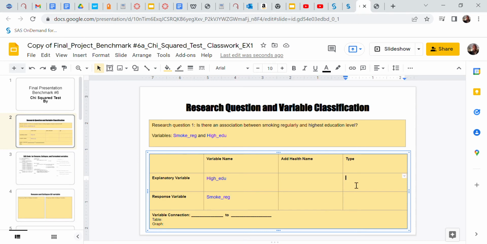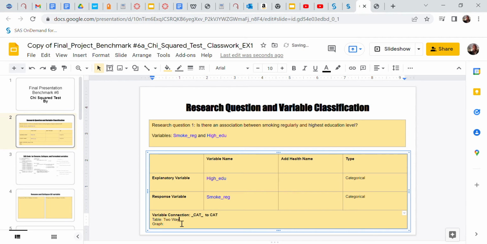These are actually categorical variables, which is a good thing because we know how to deal with those. So obviously this is going to be what we call a cat to cat connection.